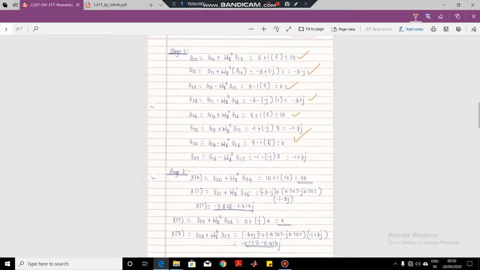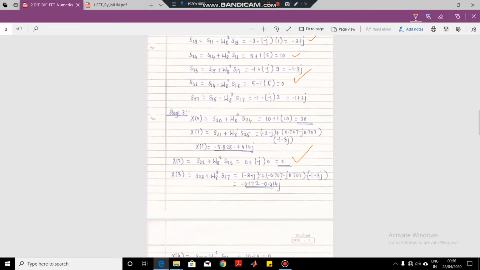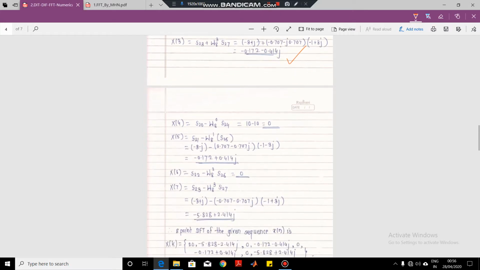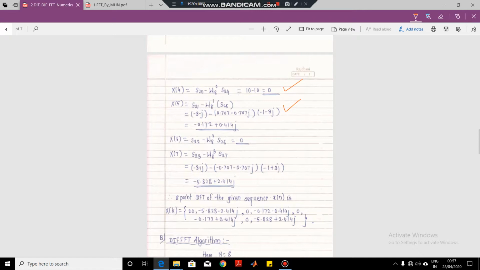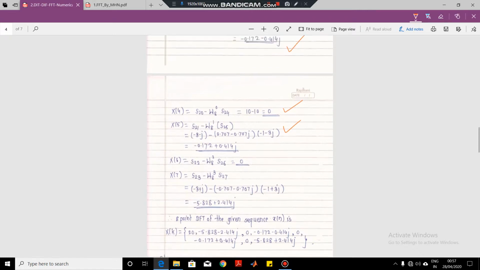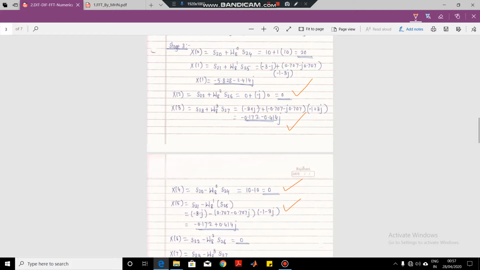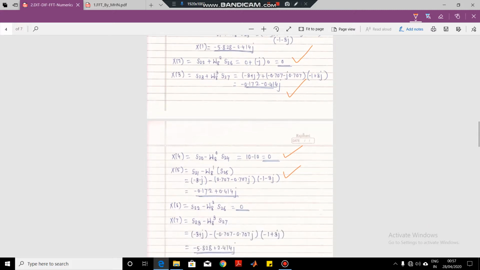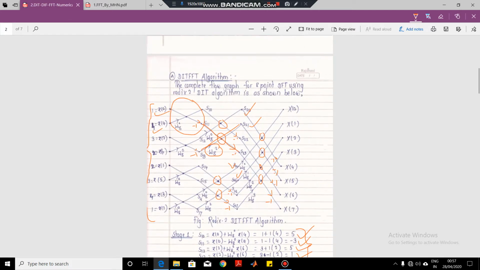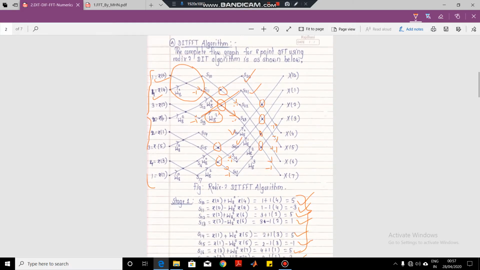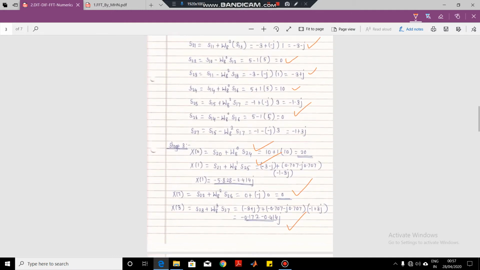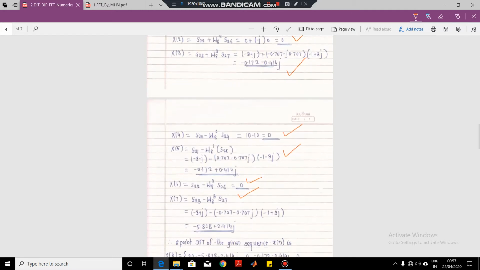There will be additions and then subtractions: 4 additions, 1 2 3 4, and 4 subtractions, 1 2 3 4. So here we will get the outputs 0 1 2 3 4 5 6 7.